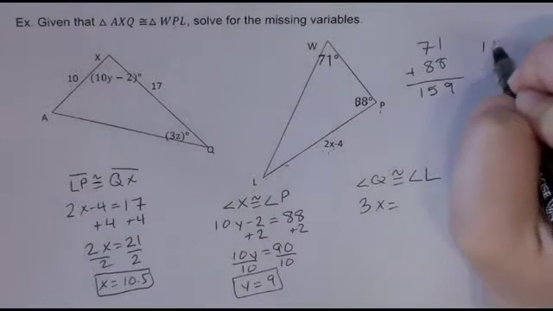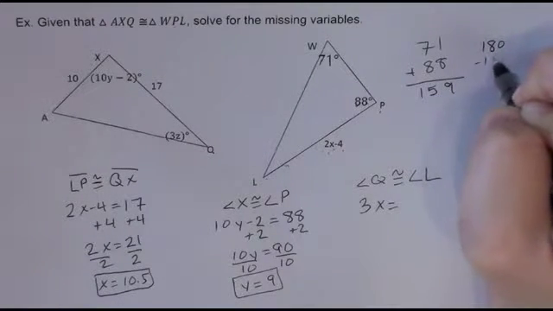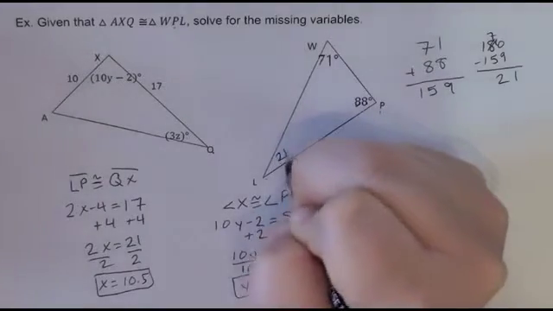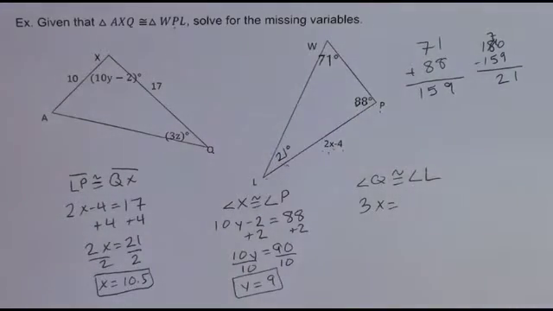And we take that, and since all three have to add to 180, we can subtract. 180 minus 159, borrow, 10 minus 9 is 1, 7 minus 5 is 2, which means this angle measure is 21 degrees.